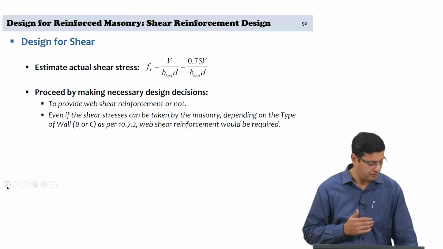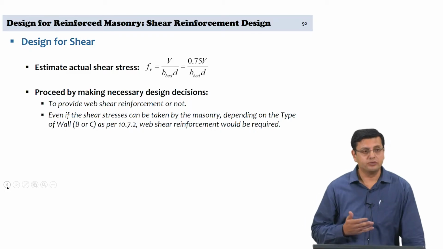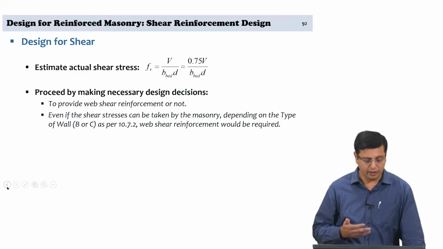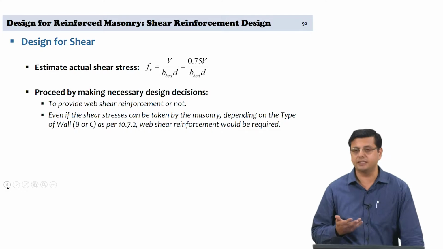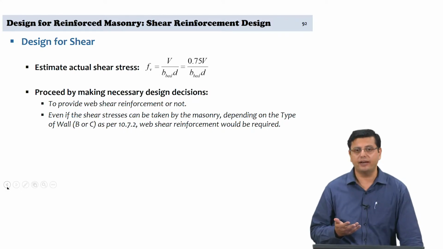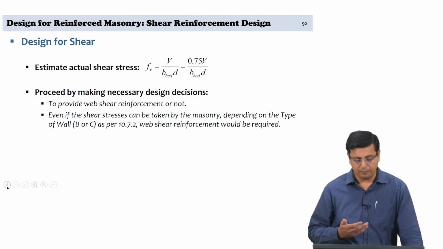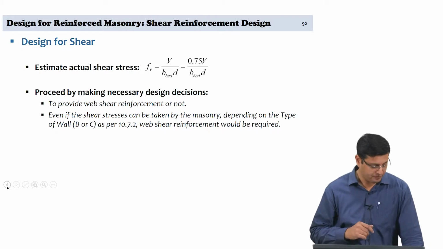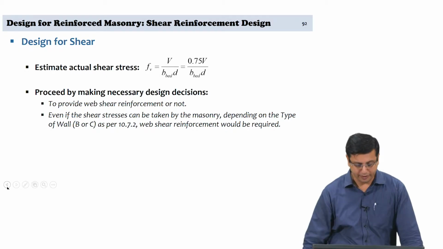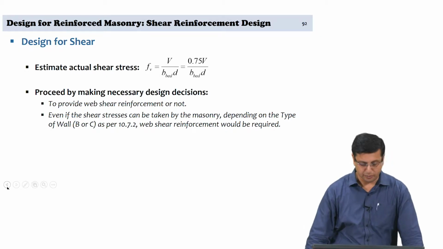Typically for zones 4, 5, for 1, 2 storied structures, we are looking at shear stress levels for which you typically would have to provide designed web shear reinforcement. For lower seismic zones, you might see situations where you do not have to provide additional web shear reinforcement in the masonry wall.